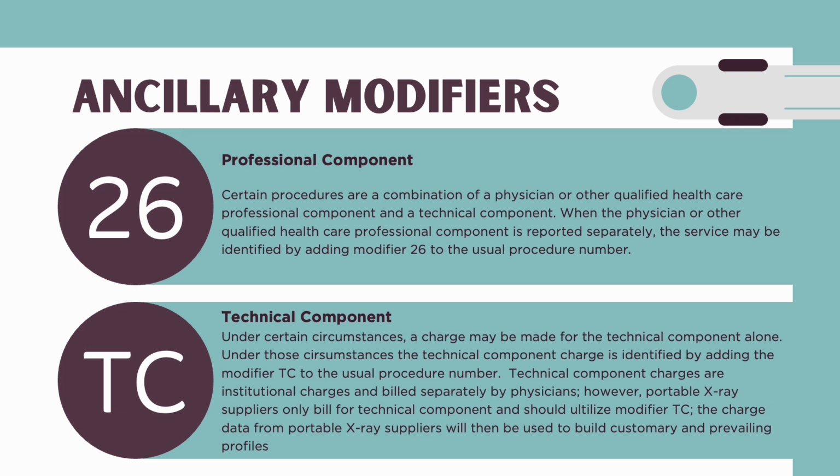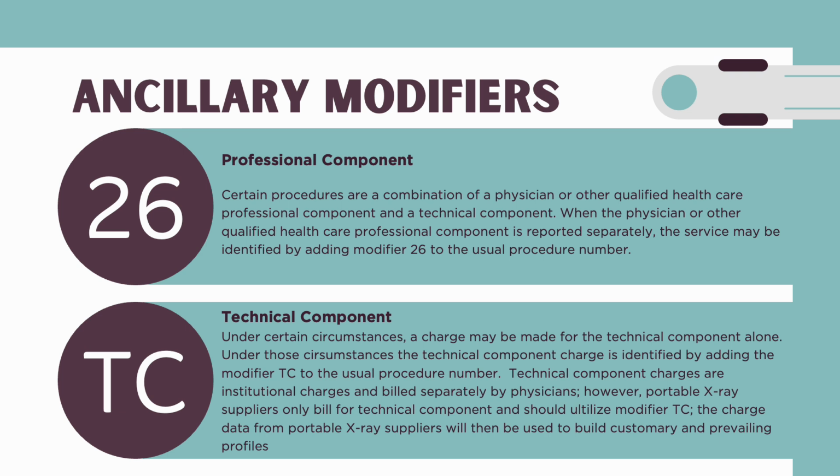An example is a patient who comes to the office with wheezing and congestion. The physician takes a 2-view chest x-ray using his or her own equipment and then sends it out to be read by a radiologist. The office will report 71046 with a TC modifier for the use of the equipment, and then the radiologist would report 71046 with a 26 for their interpretation and report of the films, also known as the professional service.